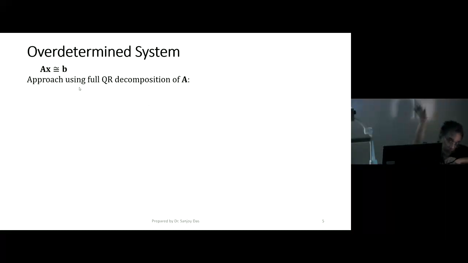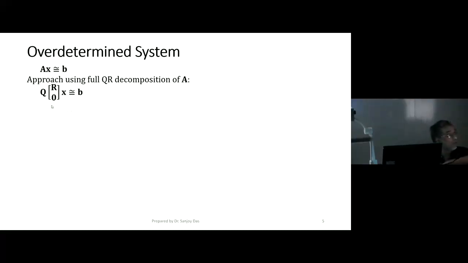And in the previous lecture, what we saw was the minimum of the sum square error solution, which was x equals pseudo inverse times b, correct? So now we're looking at QR decomposition.